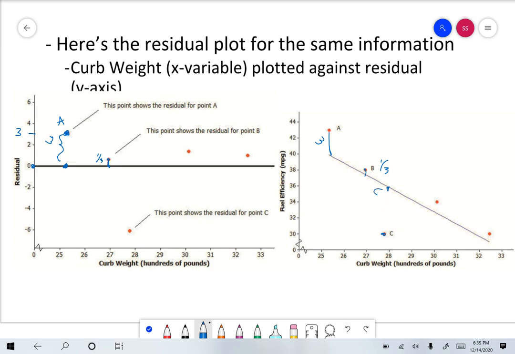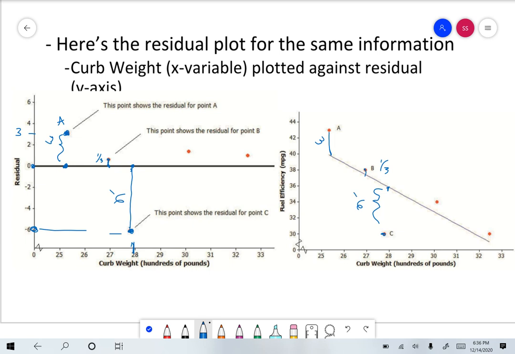That was a really bad one. Okay. So this is point C on the residual plot, matching this point C here. And what this point on the residual plot is saying is that the car was about 2,800 pounds, and the prediction error was about -6 miles per gallon.